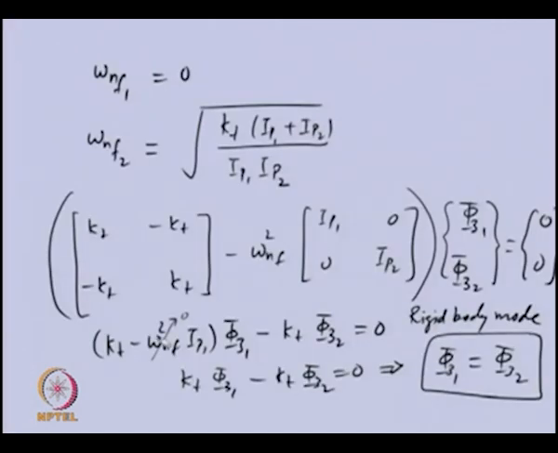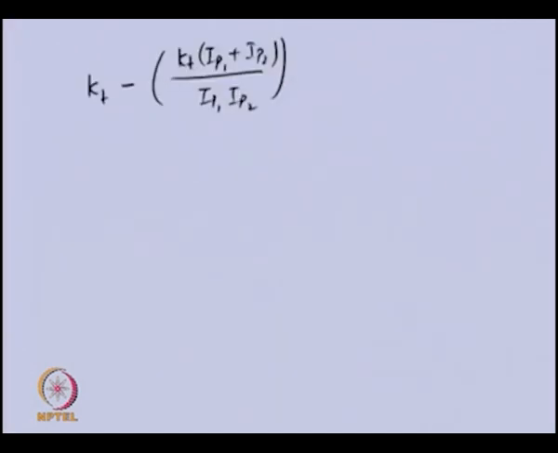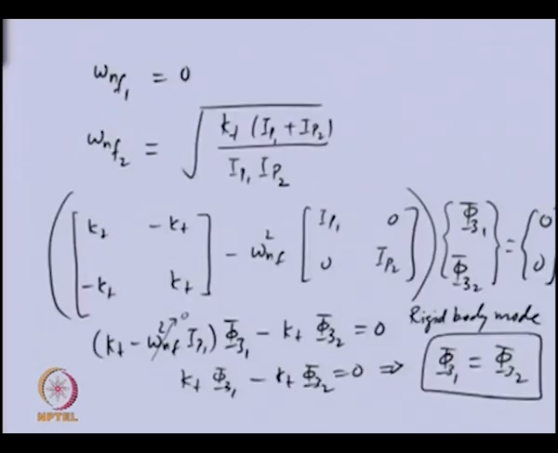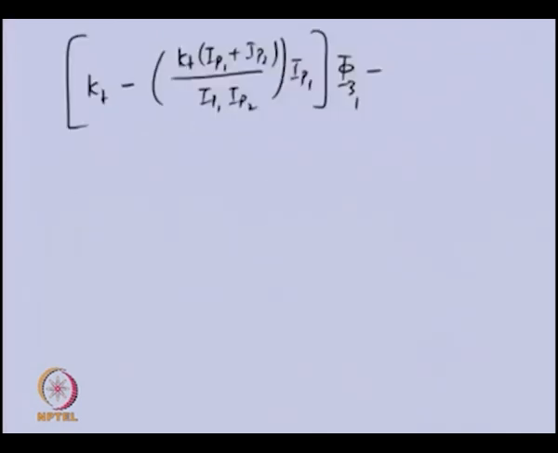So, we have kt minus omega square, kt (Ip1 plus Ip2) divided by Ip1 Ip2, this expression plus Ip1, and the whole is multiplied by phi z1, and the previous expression is this one, minus kt phi z2 is equal to 0.